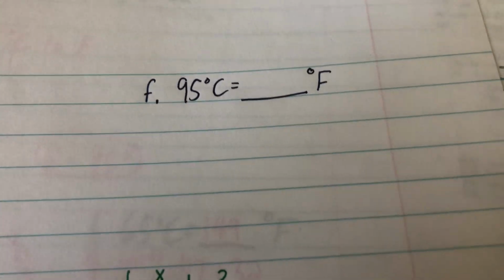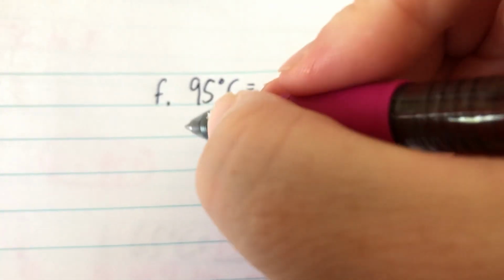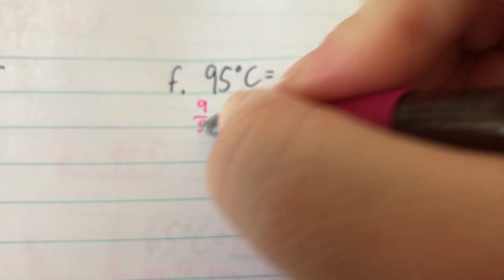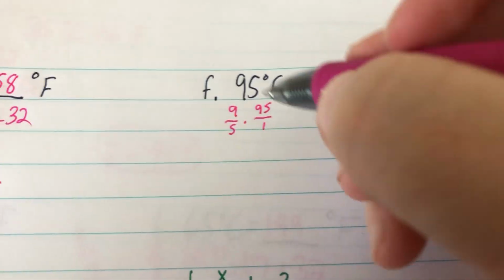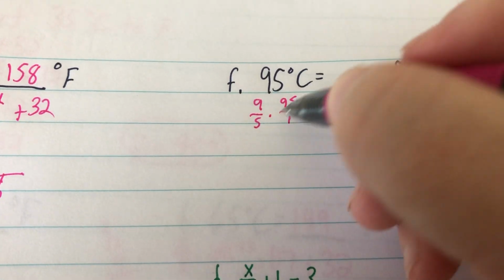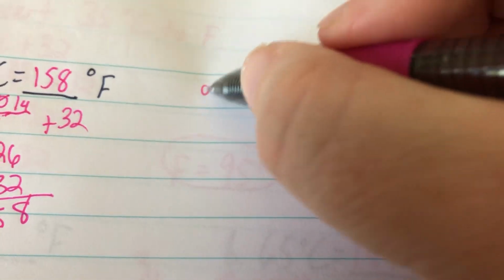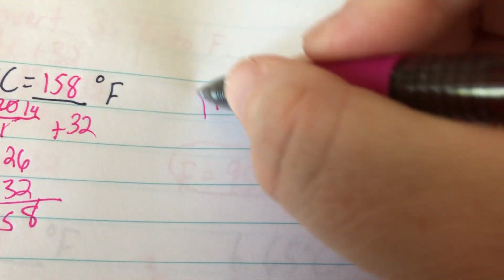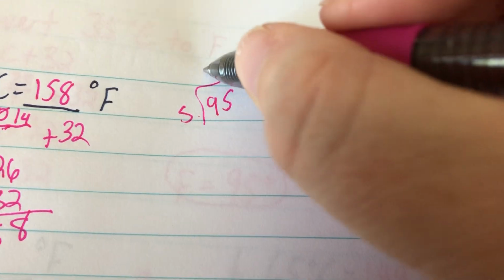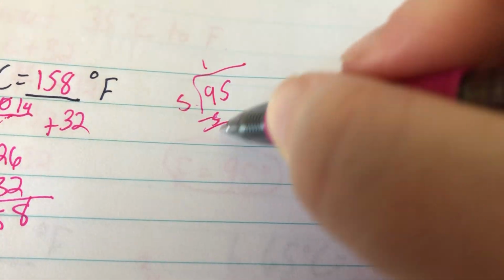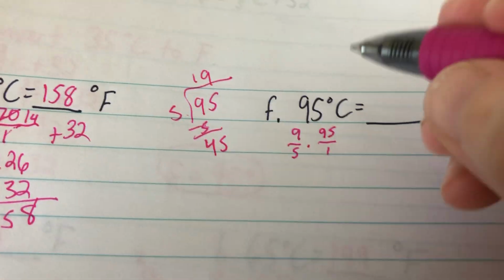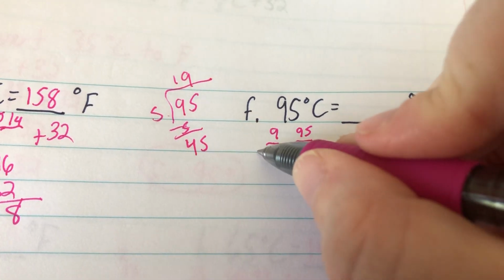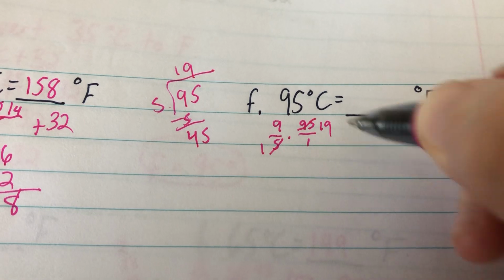95 degrees Celsius, even hotter. We have 9 over 5 times 95 over 1. See how many times 5 goes into 95 because we can simplify that. 5 goes into 9 one time. 5 minus 4. Bring down my 5. 5 goes into 45 9 times. So 1 and 19.